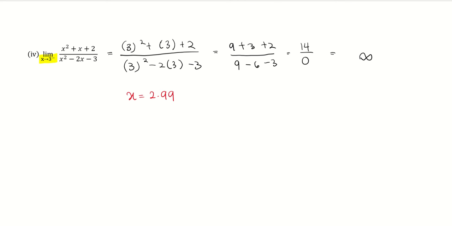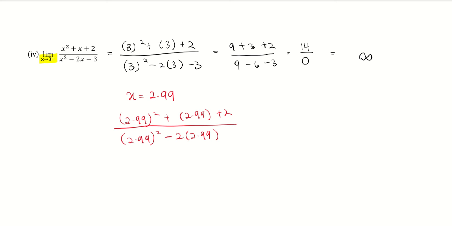We substitute that value into this function, over 2.99 squared minus 2 times 2.99 minus 3. If we put this value in the calculator, we get a negative value. So that means what we have here is negative infinity.